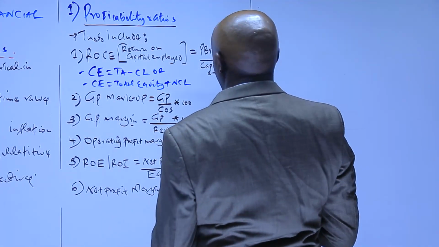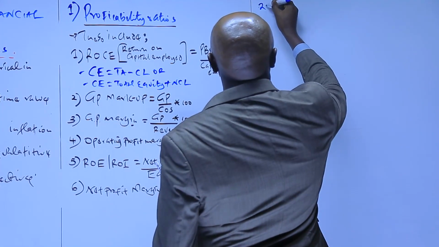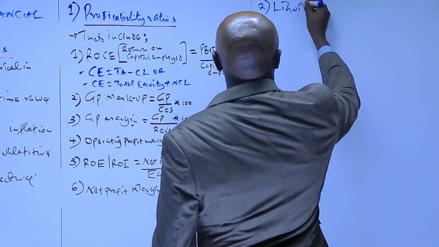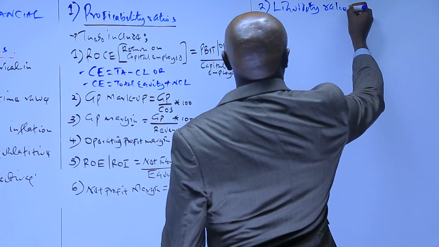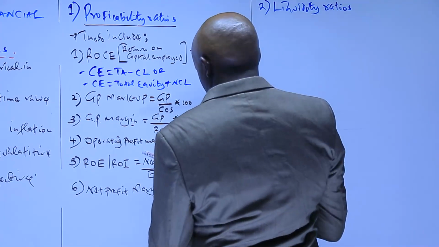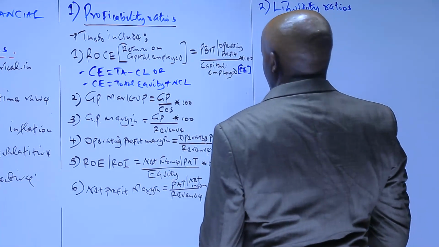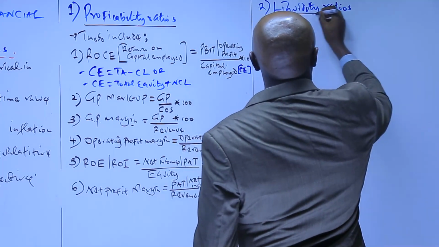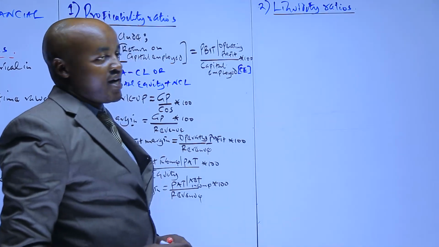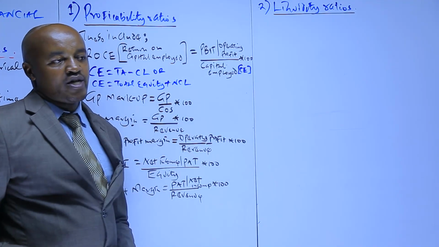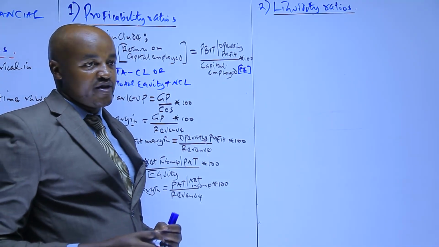Number 2, we have liquidity ratios. Basically, liquidity ratios are ratios computed to evaluate the ability of the company to meet its short-term financial obligations as and when they fall due.